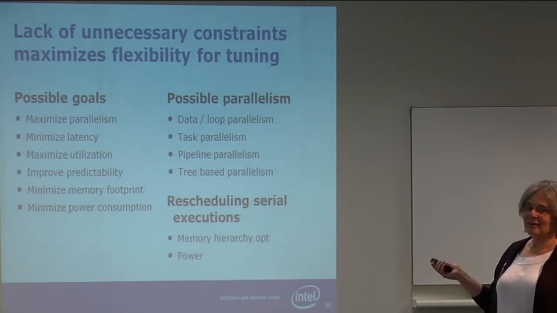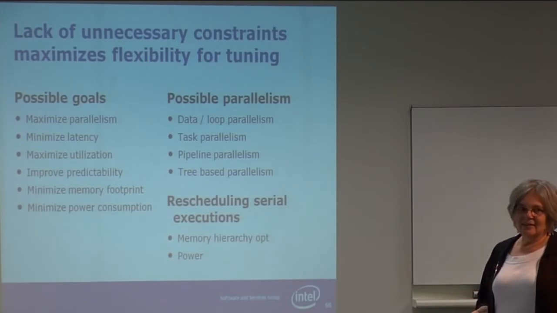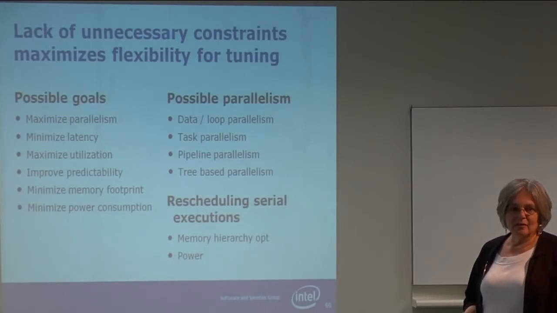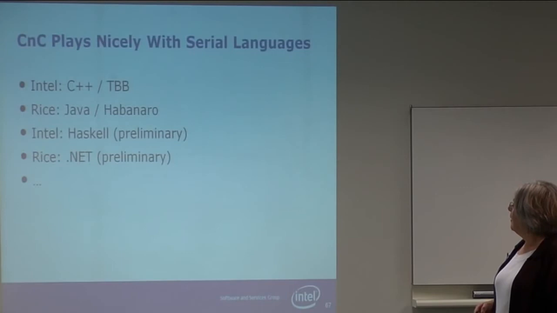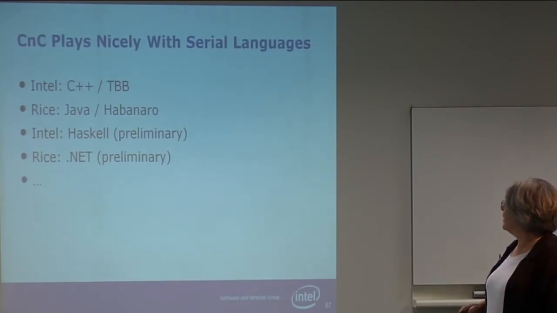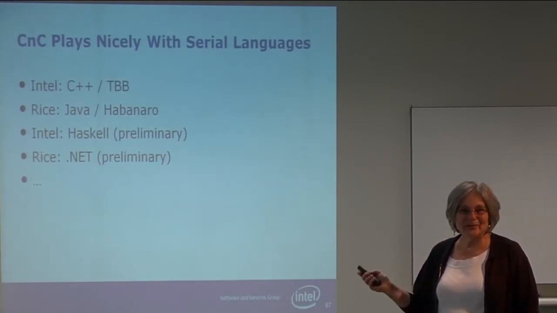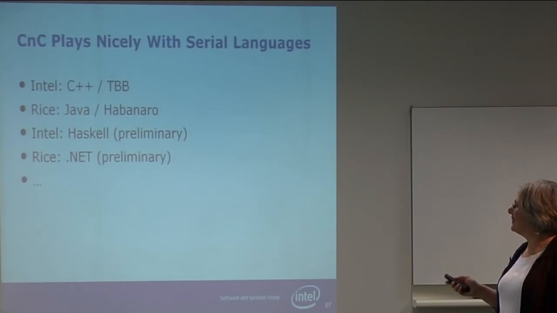I already said you might use it for power or for locality on a uniprocessor even. That would make sense. So it plays well with a lot of different serial languages. We can add Fortran to the list. It would play well with that. I don't know. I don't think it would take a lot.